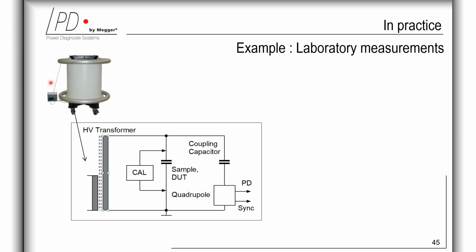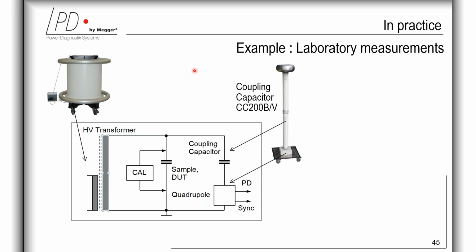And in practice, it looks like this. Here you have the high voltage transformer. And as a coupling capacitor, you see the CC200B/V of Diagnostix with integrated quadrupole and built-in voltage divider. So it basically senses the partial discharge pulse and sends it as a voltage signal to a preamplifier for conditioning.